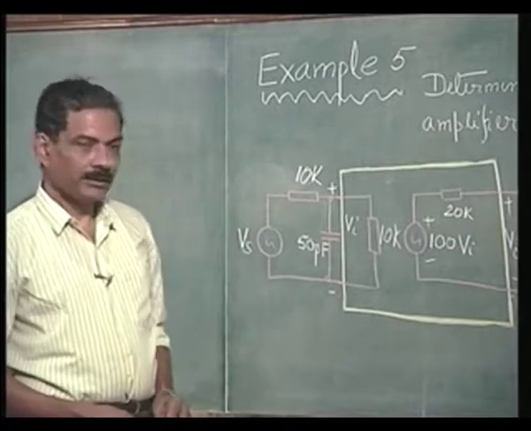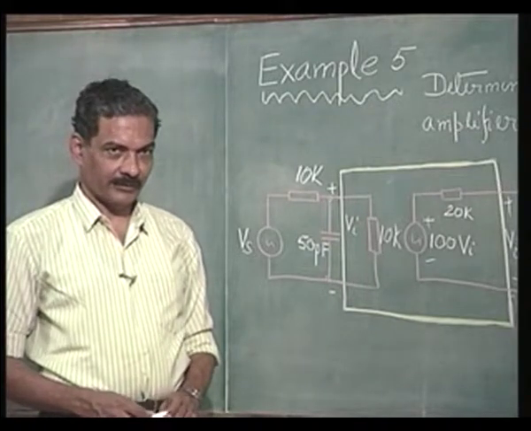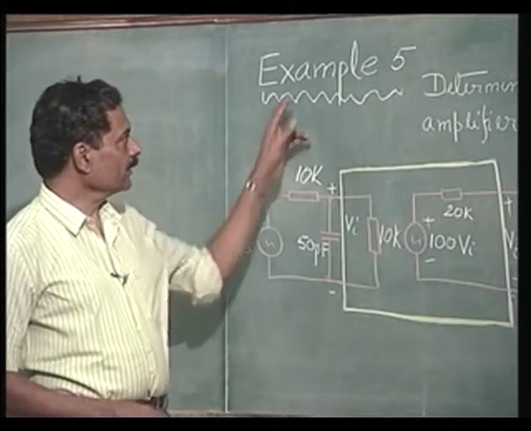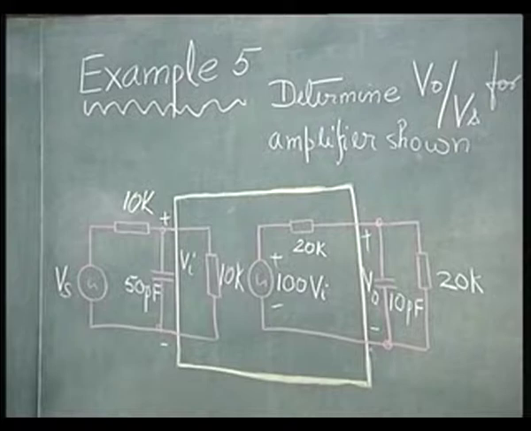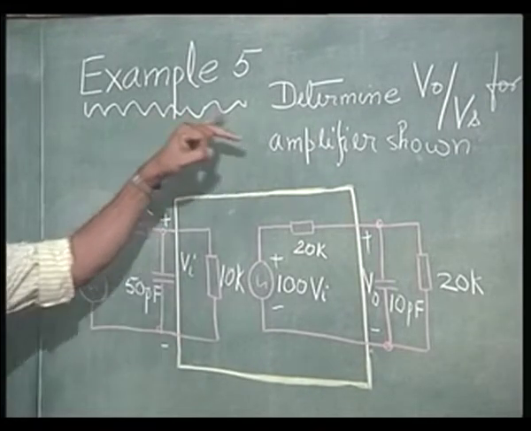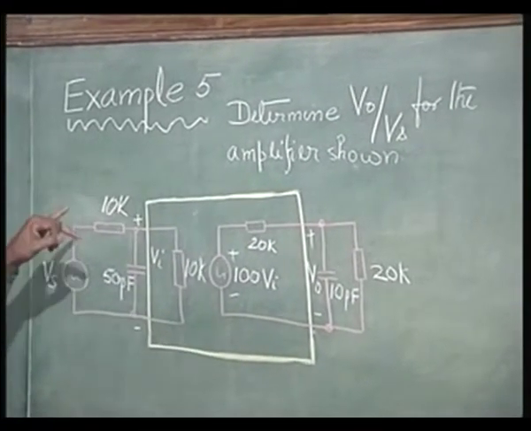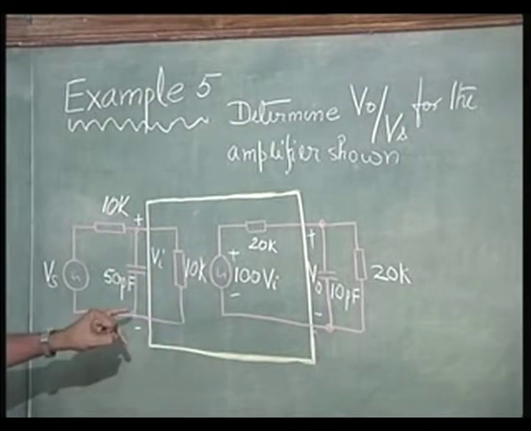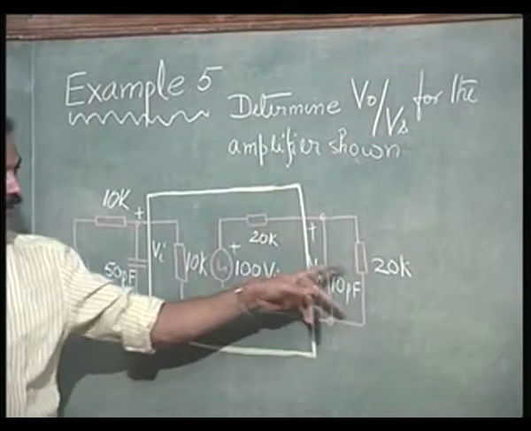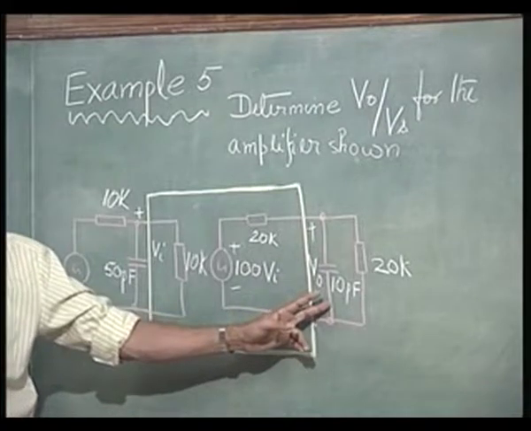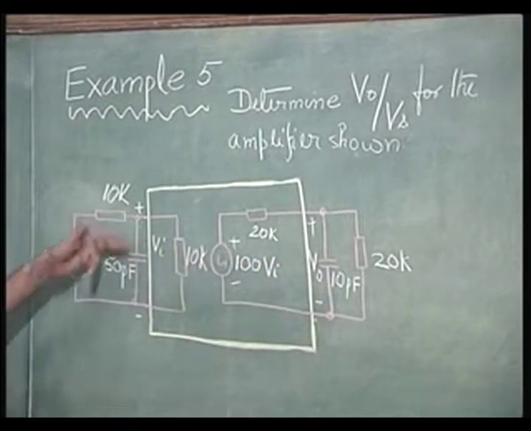In the last class we were exposed to the frequency limitation of amplifiers. Let us consider this example now, which illustrates how the so called gain characteristics of the amplifier gets limited. Determine V0 over Vs, that is the amplifier gain for the amplifier shown, wherein apart from the usual input impedance, source impedance, output impedance and the load impedance, we have the effect of stray capacitors, one at the output 10 picofarad, one at the input 50 picofarad.